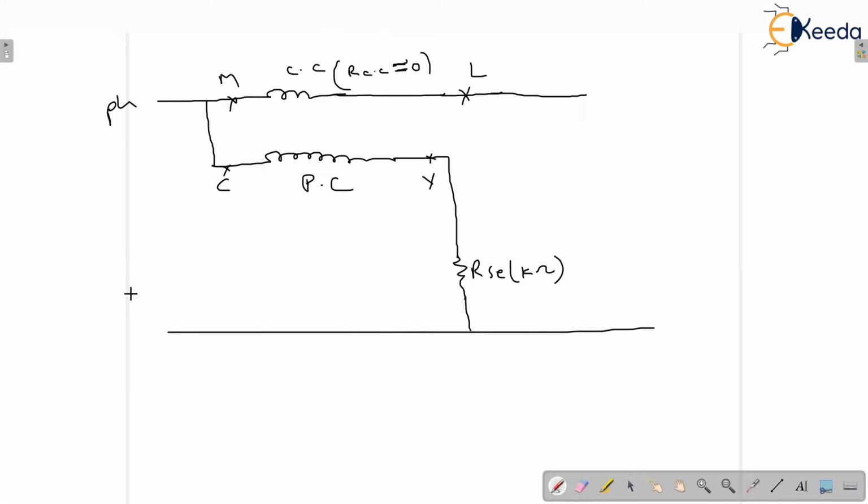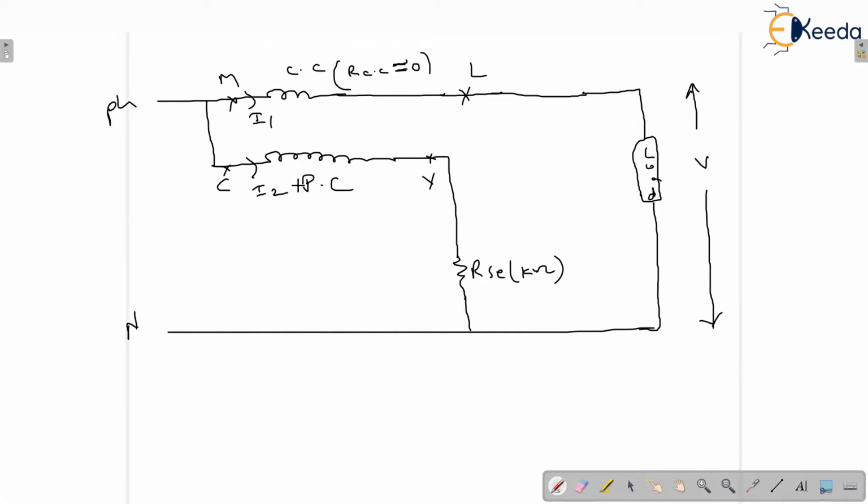This is phase, neutral, load. So this is V. This is the current coil, pressure coil. This is I1, current through the current coil, I2 current through the pressure coil, and this is the load current.